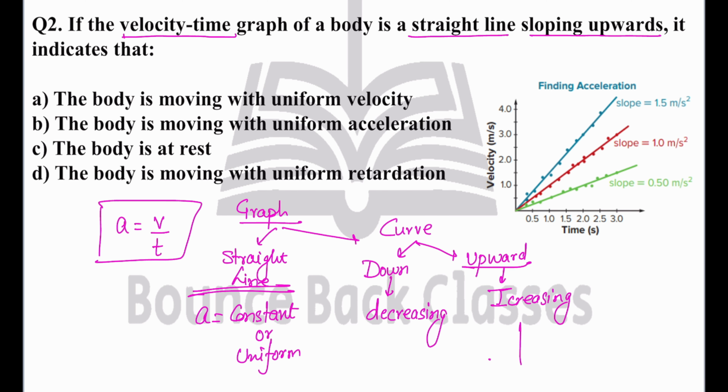Increasing like this, decreasing like this. Clear? You understand the graph? Okay, so here is your velocity, here is your time. The graph is a straight line, so it means uniform acceleration. Fine?